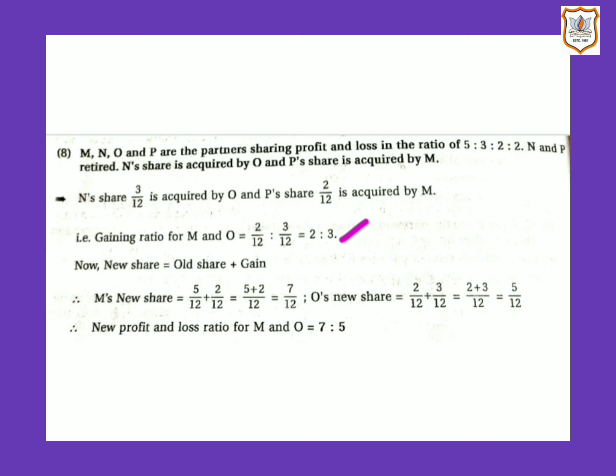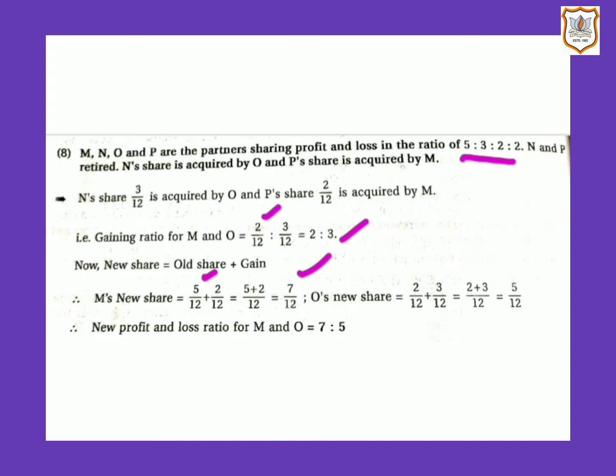Here we have both the informations. Now let us find out M's new share. Here M's old share is equal to 5/12 according to this ratio, plus M's gain is, that is also given, 2/12. So if we solve this, we will get 7/12 as M's new share.